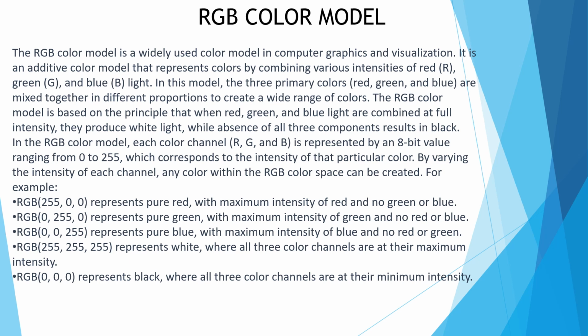In the RGB color model, each color channel is represented by an 8-bit value ranging from 0 to 255, which corresponds to the intensity of that particular color. By varying the intensity of each channel, any color within the RGB color space can be created. For example, we can see the below given examples.